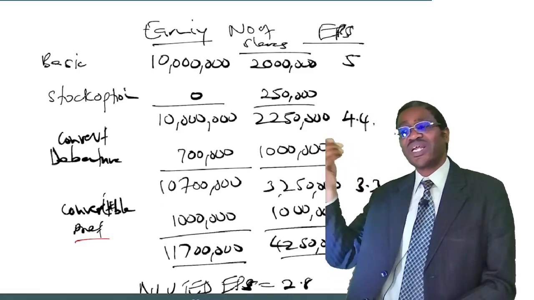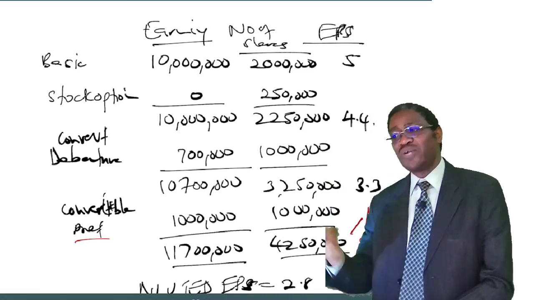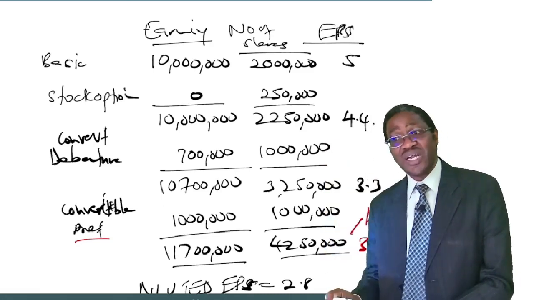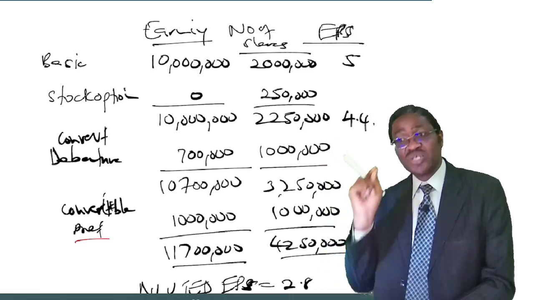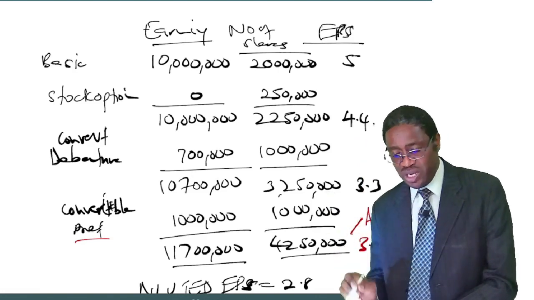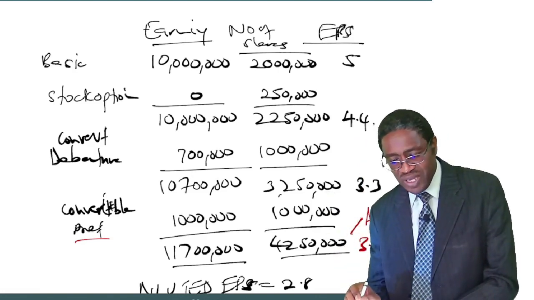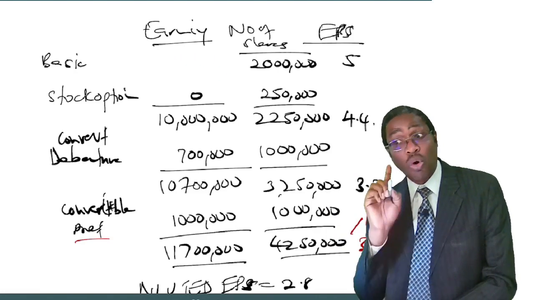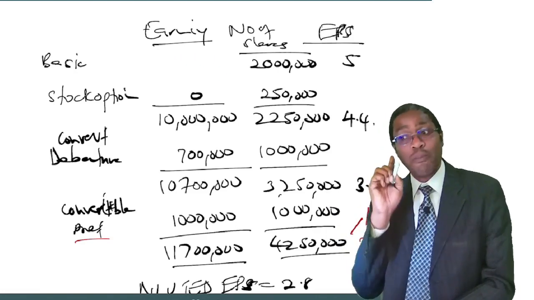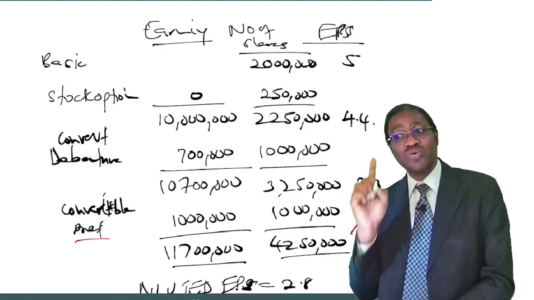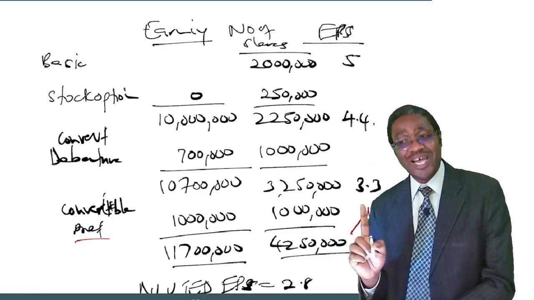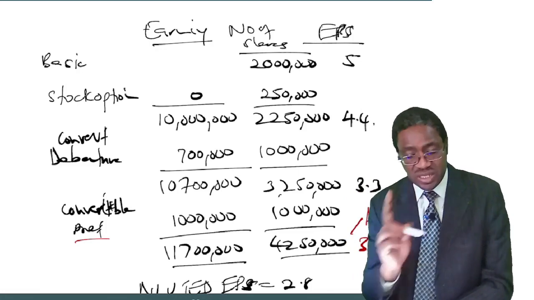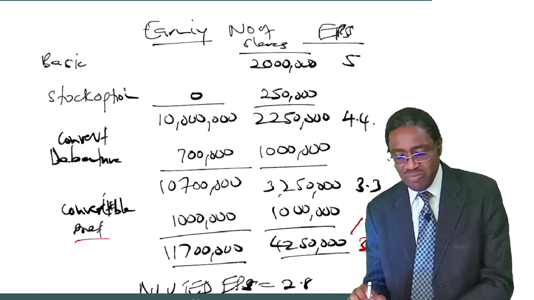So to calculate the diluted earnings per share, listen carefully, this time you will not use the 10 million that you use for basic. This time you will use 9 million.